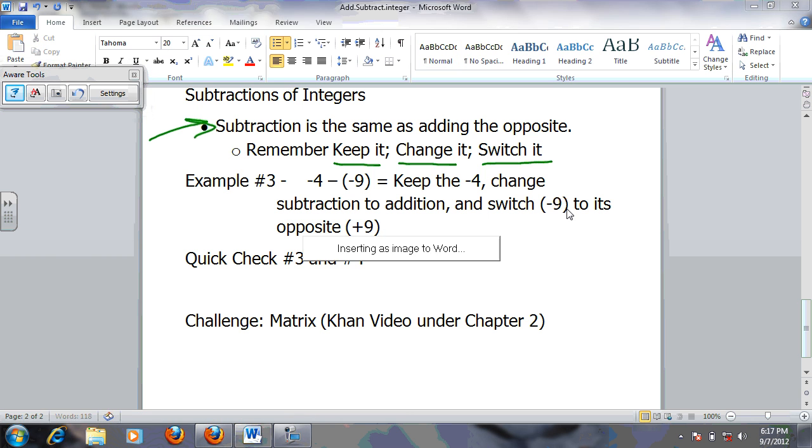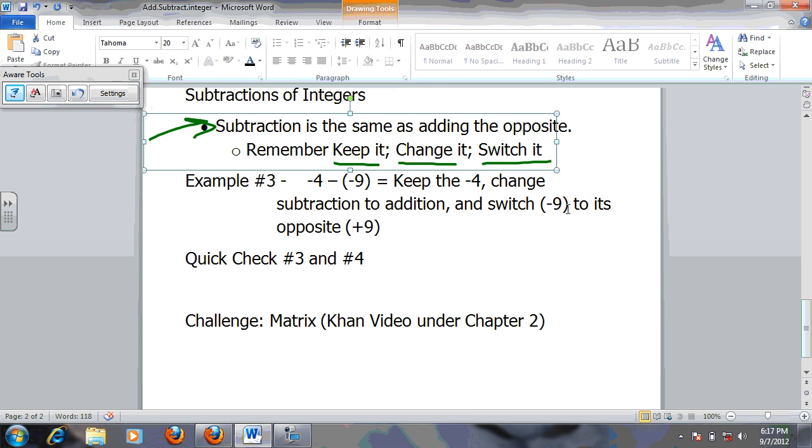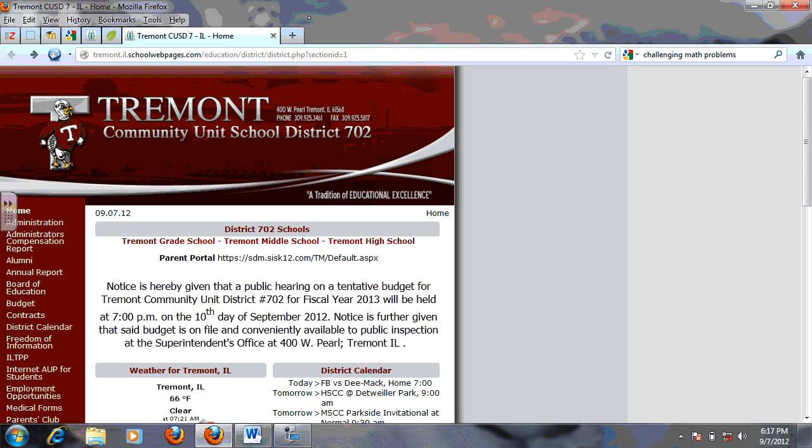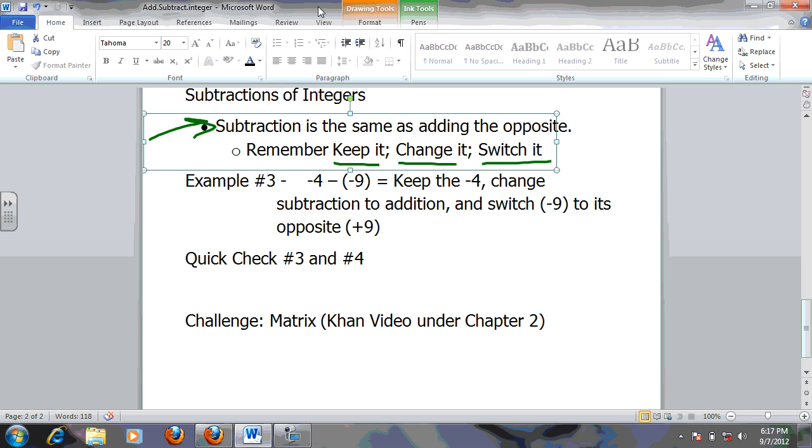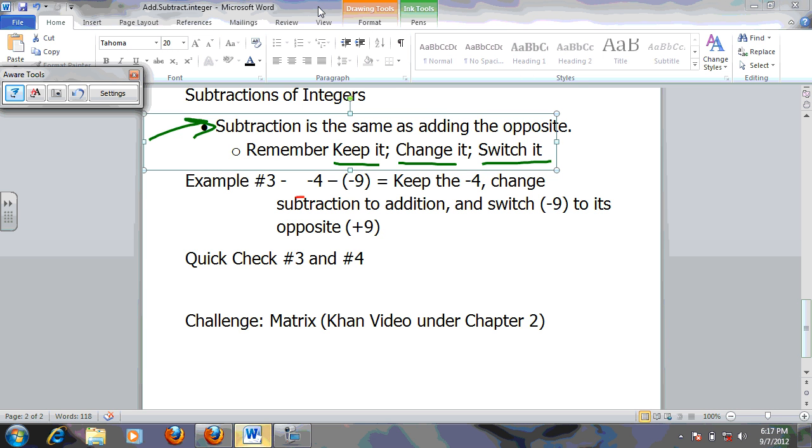So if you look at example 3, we have -4 minus -9. We will keep the -4 the same.